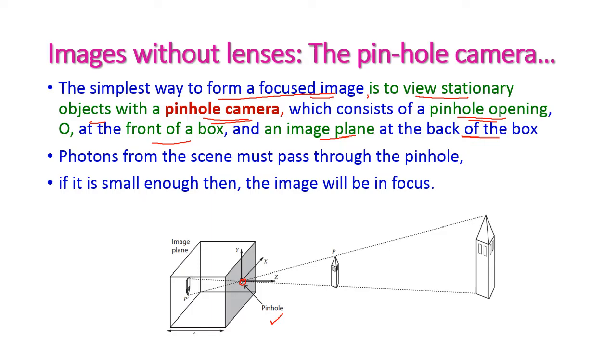The light from this object will pass through this pinhole, and at the back side the image will appear. The photons in the scene must pass through the pinhole. If the pinhole size is small, then we can easily focus that image in the camera.